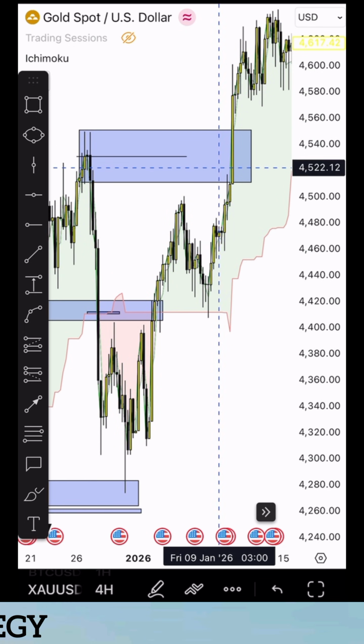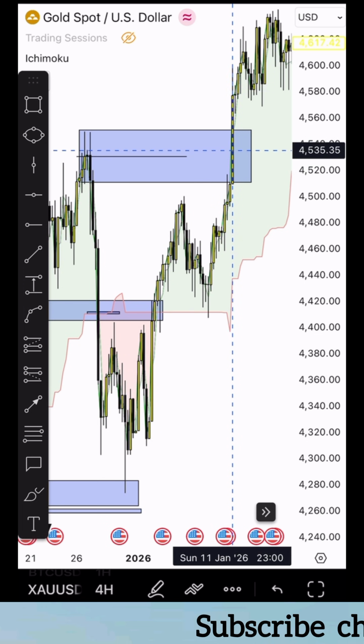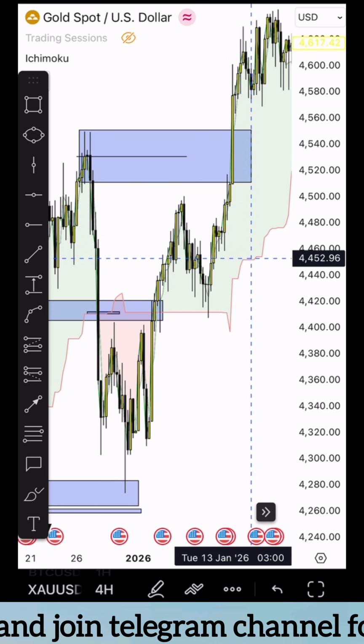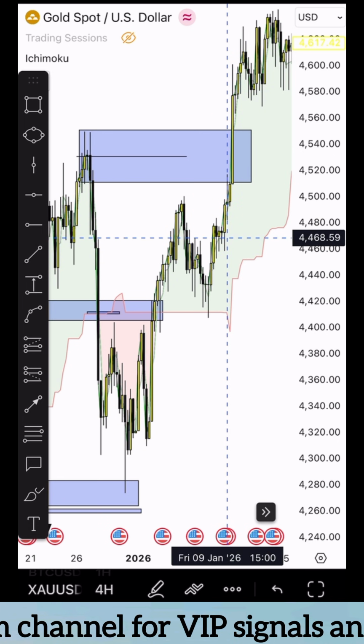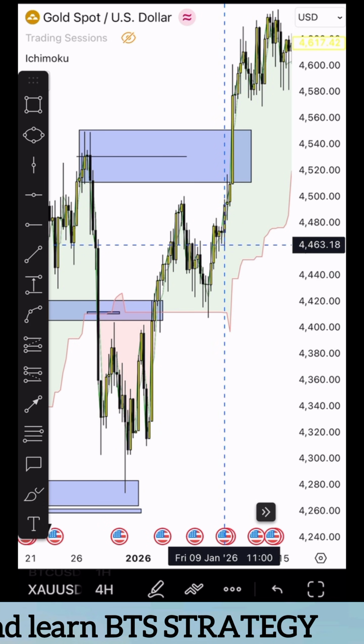If price is supposed to respect this, then we will drop down to what area? We've got support here, not resistance, sorry, and we've got an engulfing nearby.